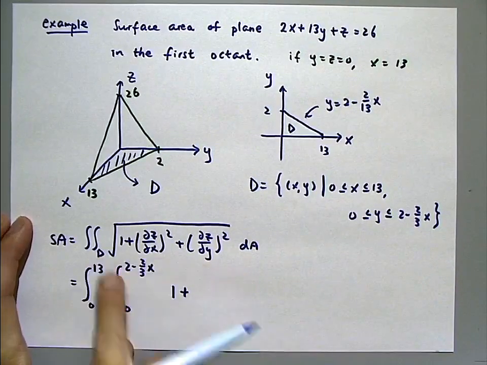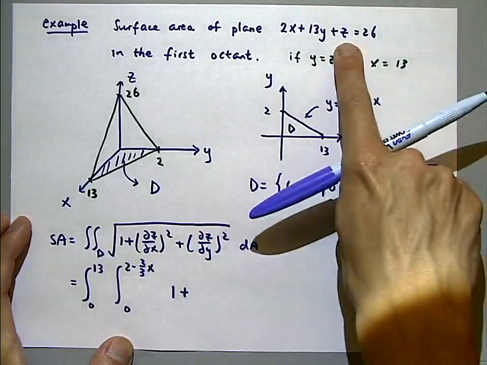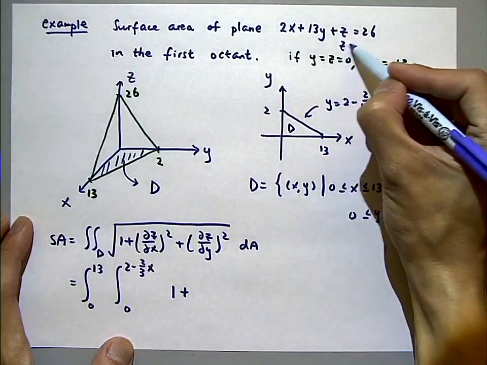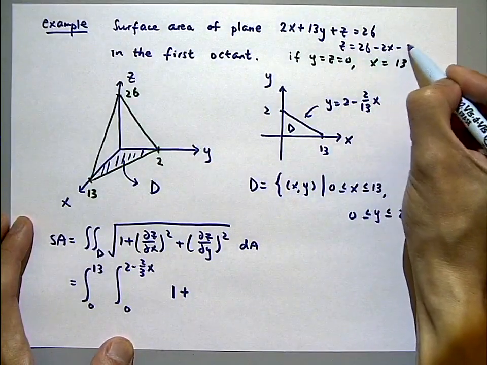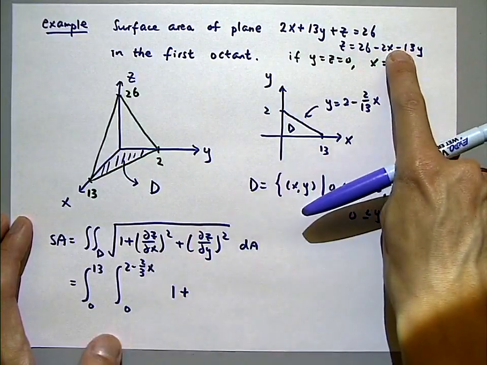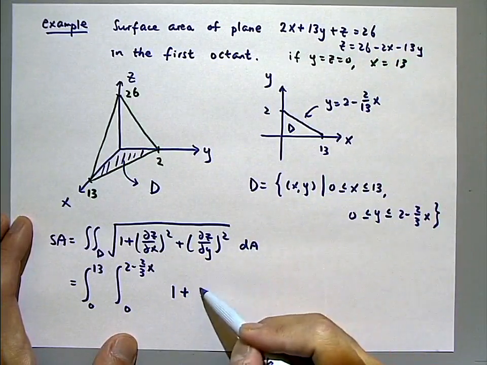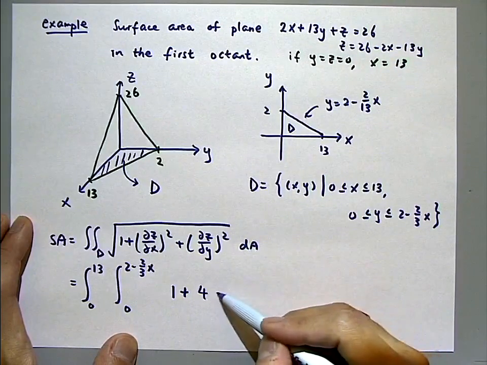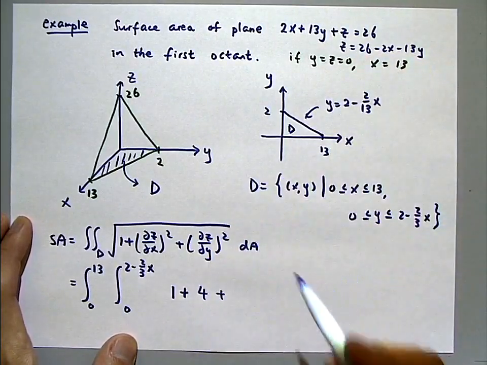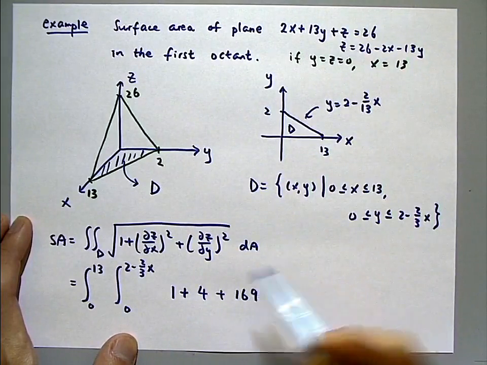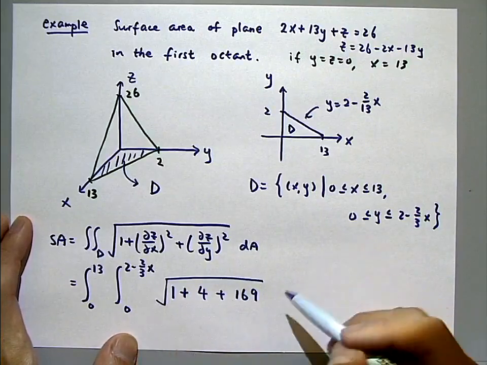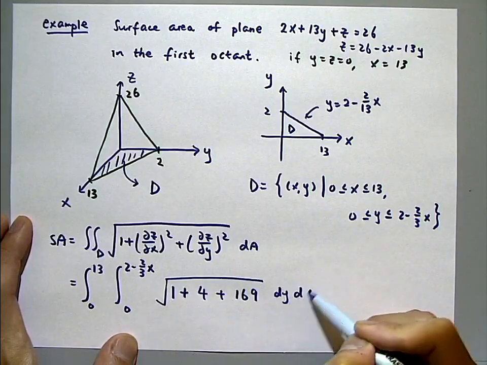Then we integrate this stuff. If you solve for z here, z is equal to 26 minus 2x minus 13y, right? So partial z partial x is negative 2, and that squared is 4. Partial z partial y is negative 13, squared that is 169. All of that under the root, dA. y happens first, x happens last.